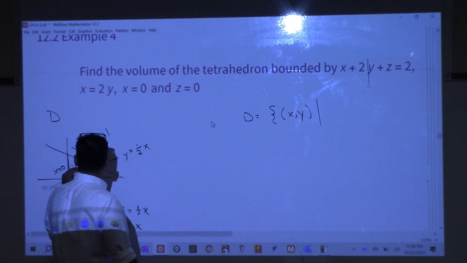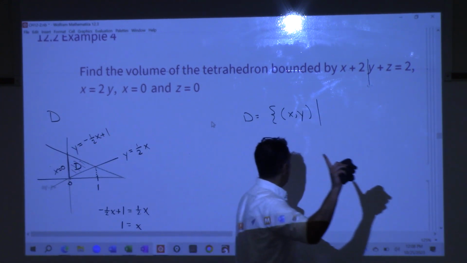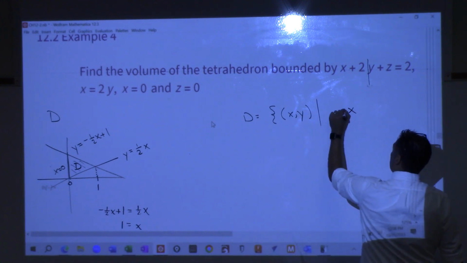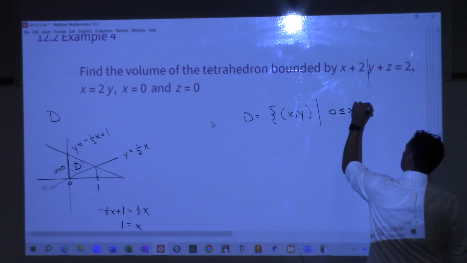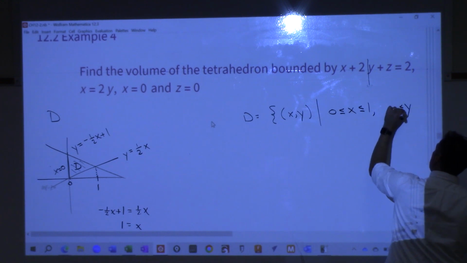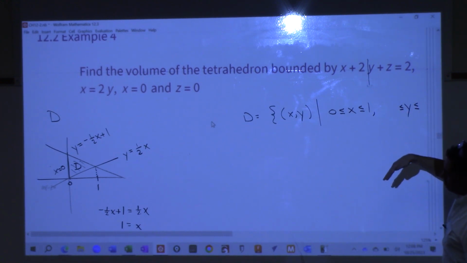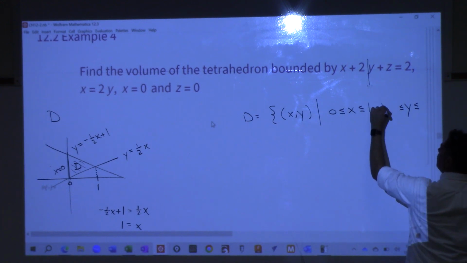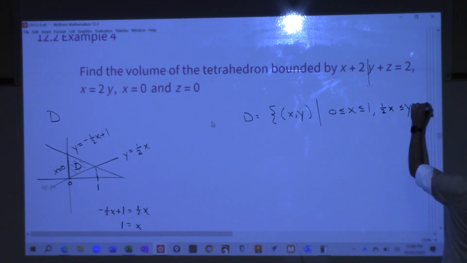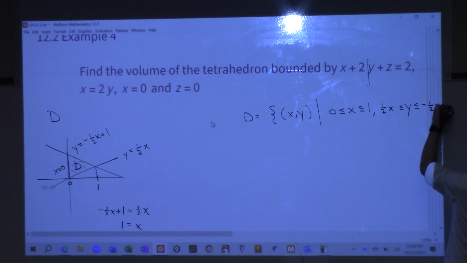So this region D is a type 1. My x is between 0 and 1. And my y is between, what's the bottom one? 1/2 x. Top one, negative 1/2 x plus 1. That's my domain.